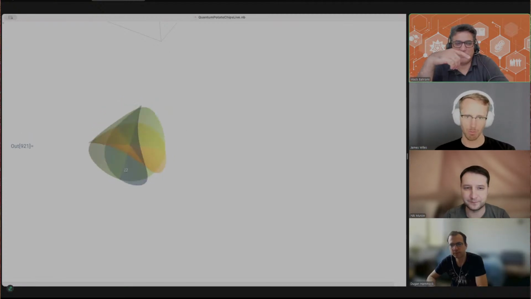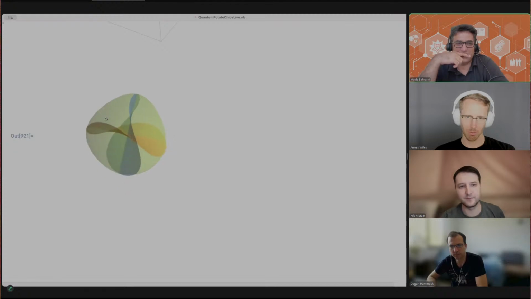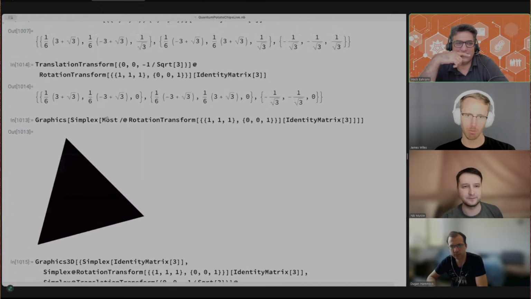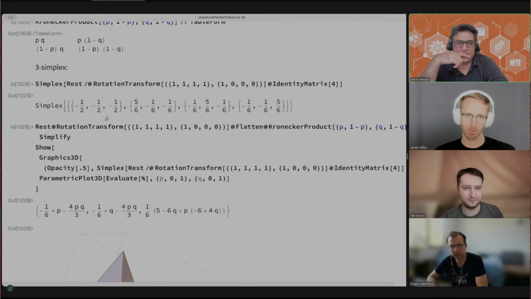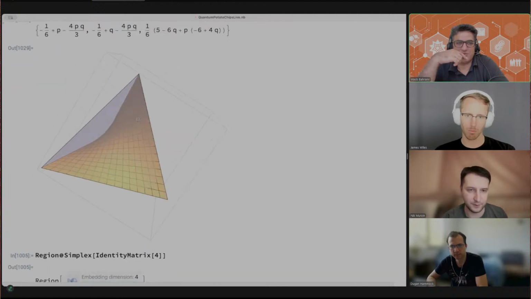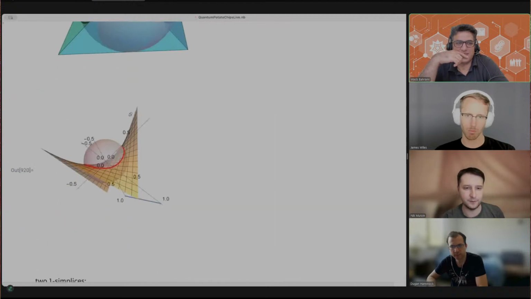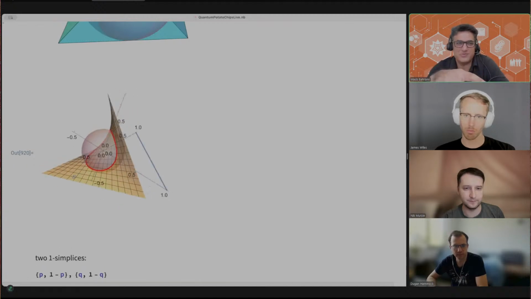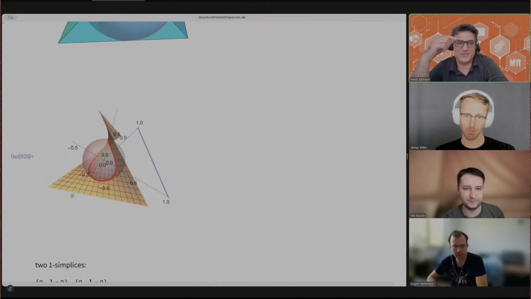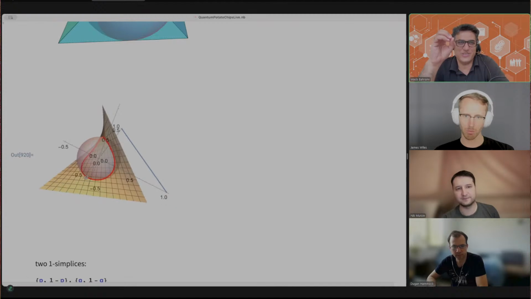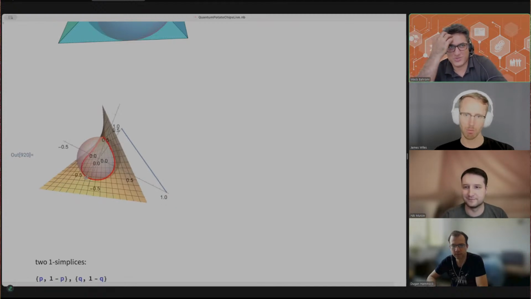Yeah. So basically, Nick, if you scroll up to that picture we had with the sphere, the one above, this is quantum. The sphere is a feature coming from quantum theory. Here it's a constraint that comes from quantum theory.